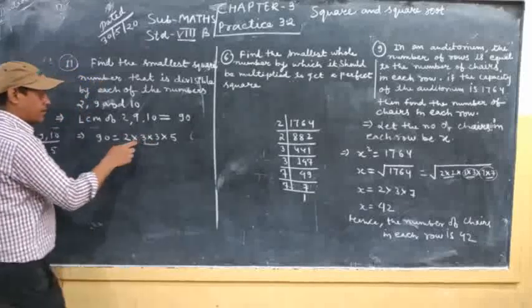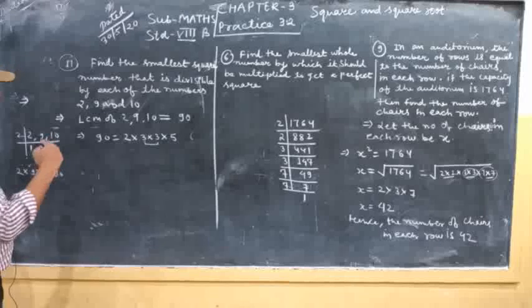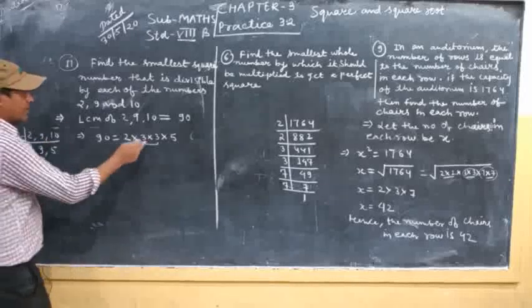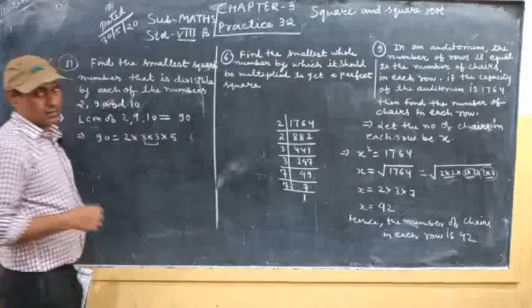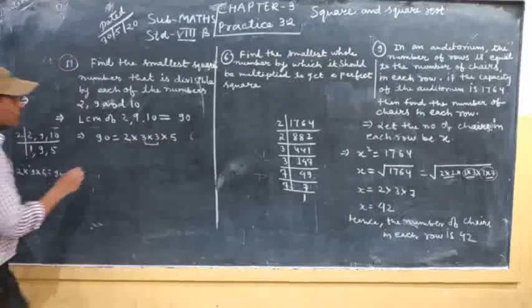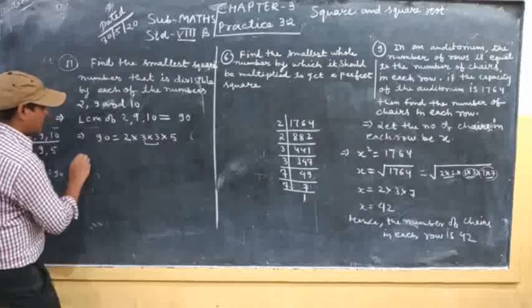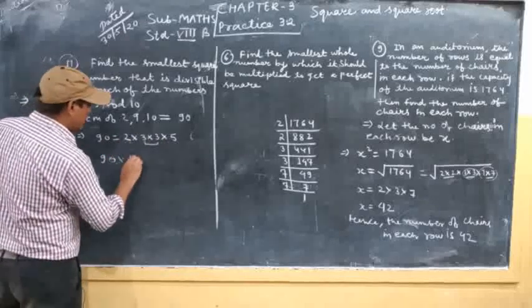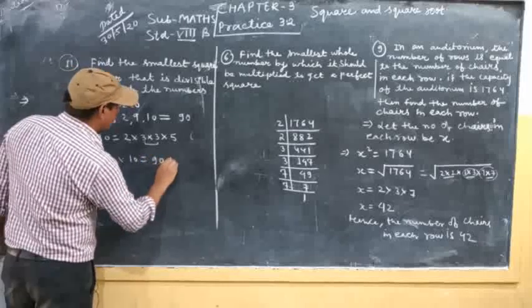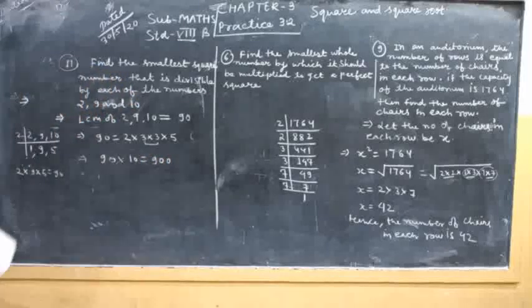There is only one pair, of 3, while the rest, 2 and 5, are not in pairs. So we multiply 90 into 10, which is equal to 900. So 900 is the smallest square number that is divisible by each of the numbers 2, 9 and 10.